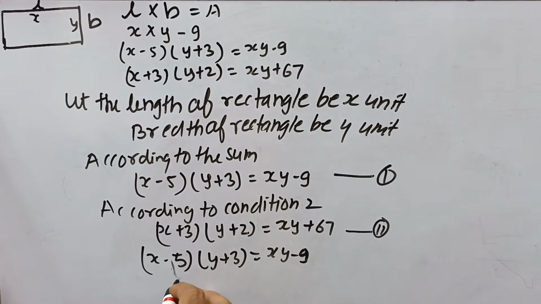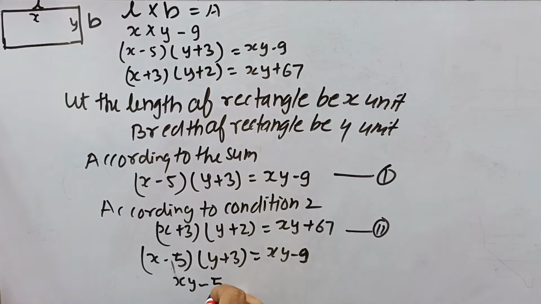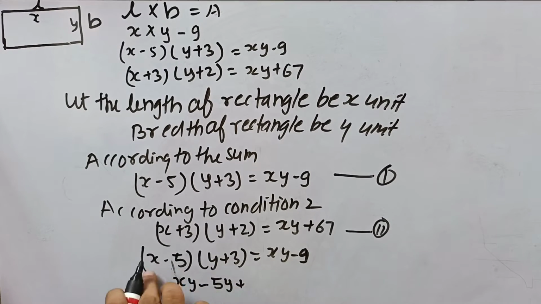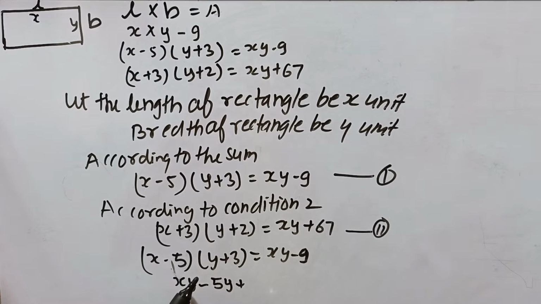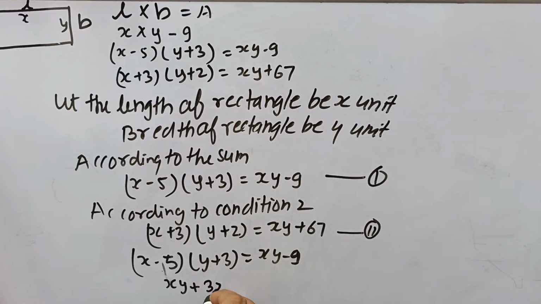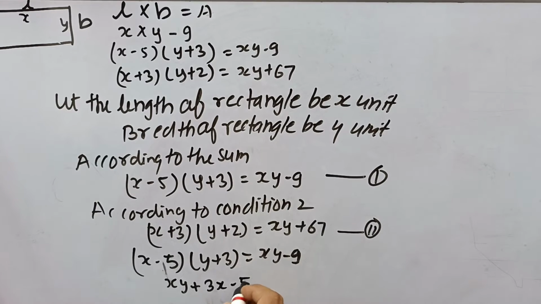So here x multiplied by y is xy, x multiplied by 3 is 3x, y multiplied by 5 is minus 5y, and minus 5 multiplied by 3 is minus 15, is equal to xy minus 9.